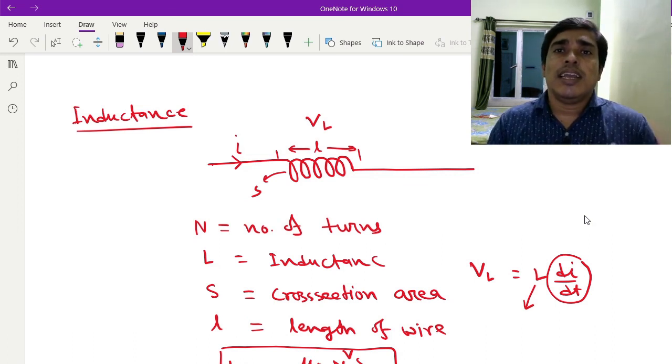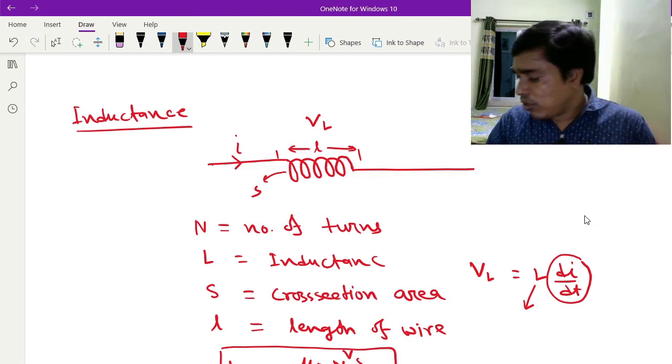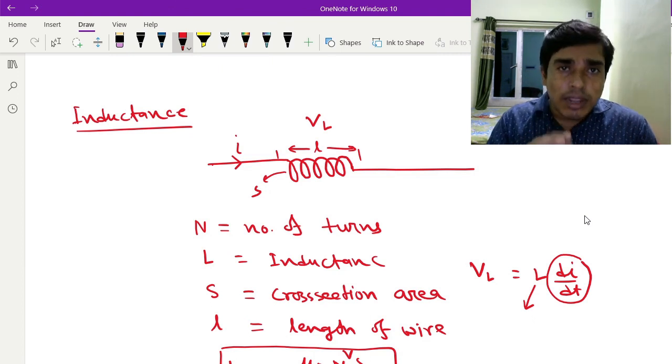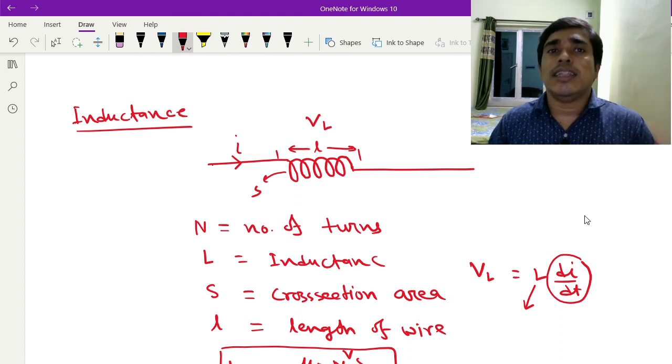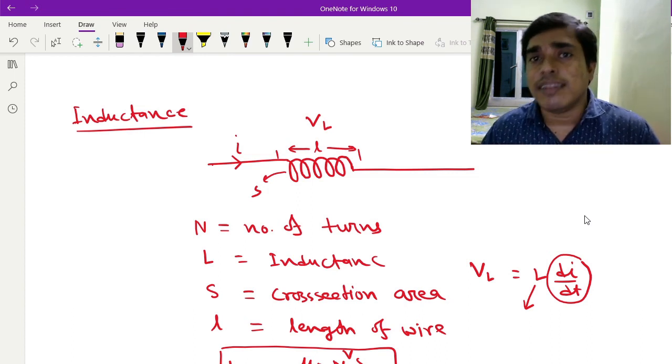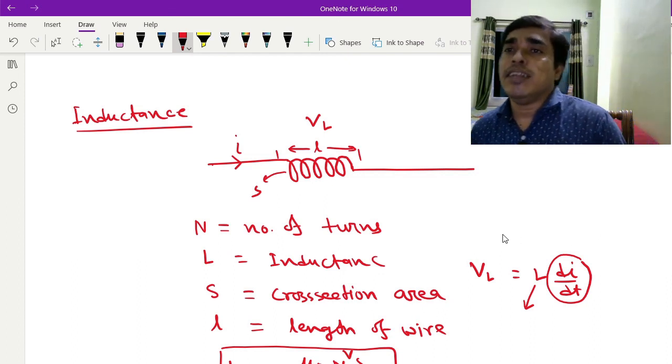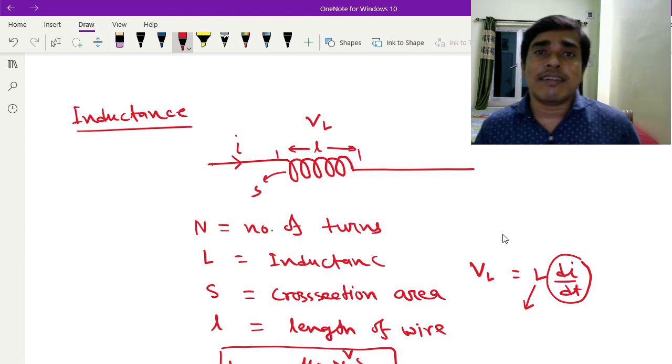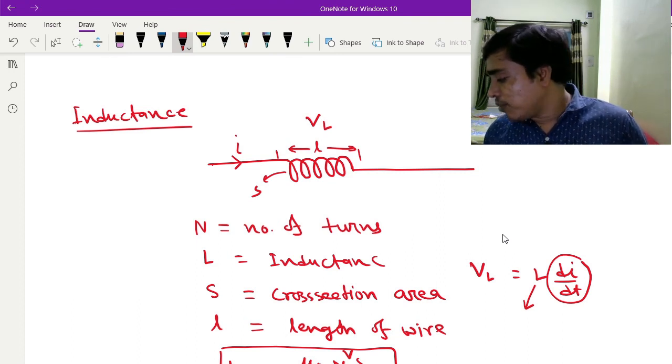If any energy source or passive parameter can be separated from the network, then this network is called a lumped network. So what is a lumped network? A lumped network is one in which we can separate the resistance, capacitance and inductance.